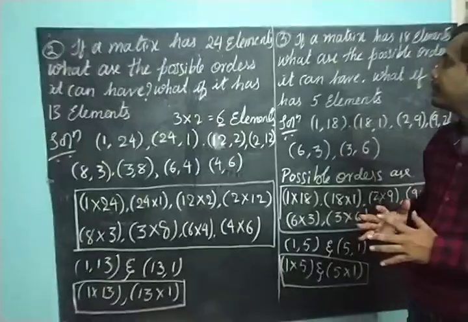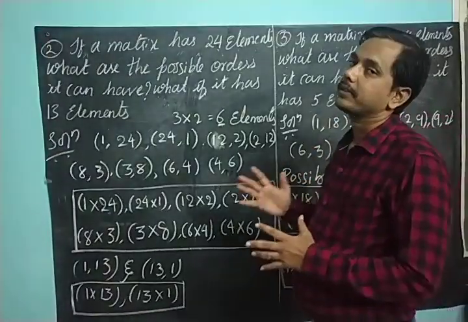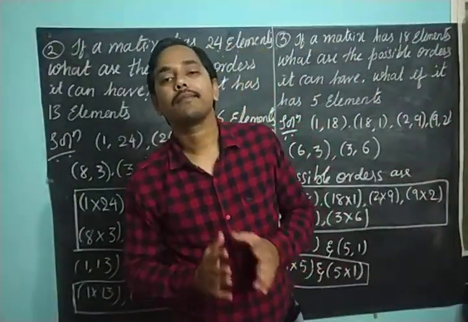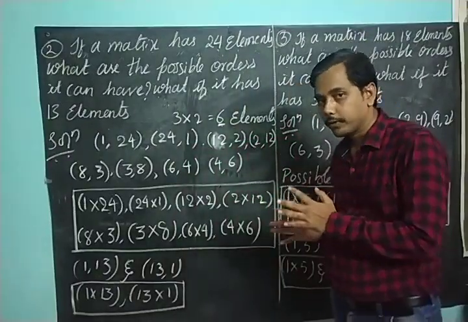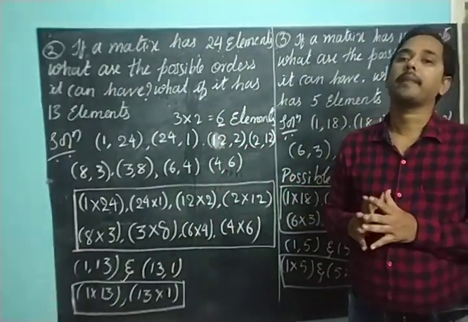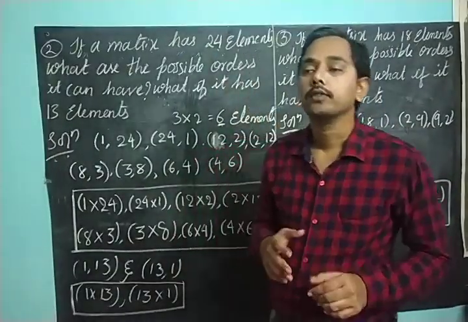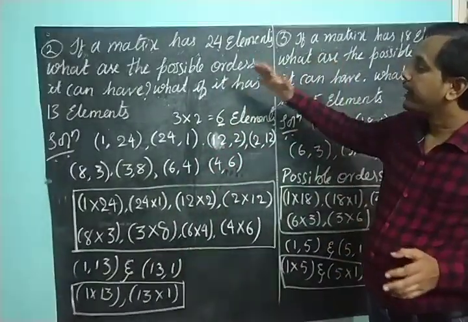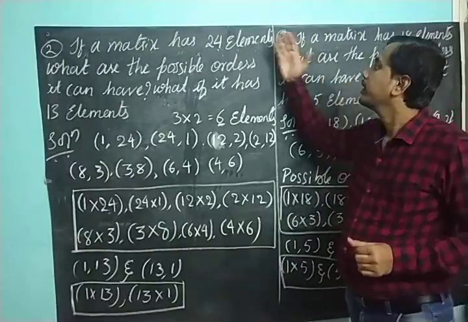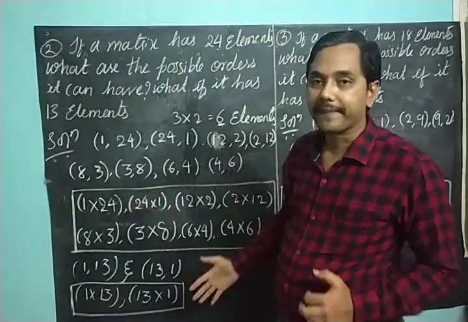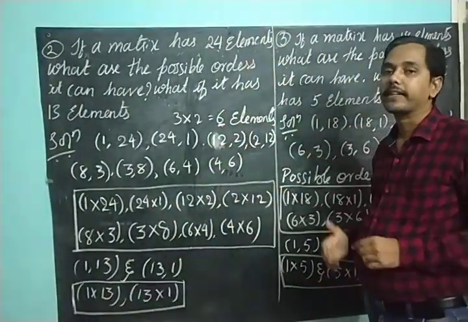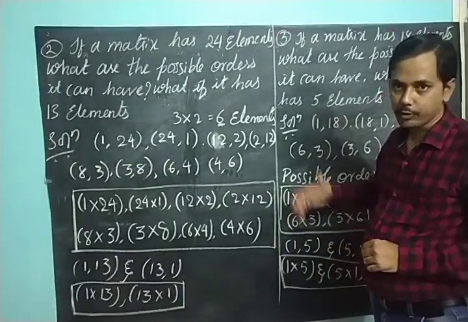So today we have discussed exercise 3.1, right, wherein we have studied how to find the order of the matrix, right, how to find independent elements, right, so everything. Then also we have found out what the possible orders are. If the elements are given, how to find the possible number of orders, that also we have seen.